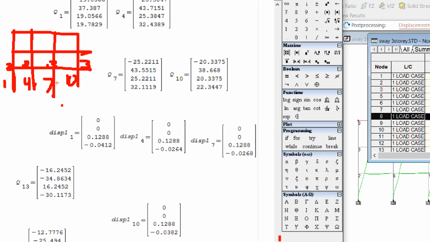As you see, displacement 1.288 on member 1, member 4, member 7, and member 10. So they're the same.